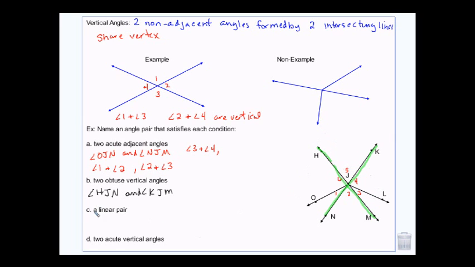So I could say angle 1 and angle OJK. Those would make that straight line.